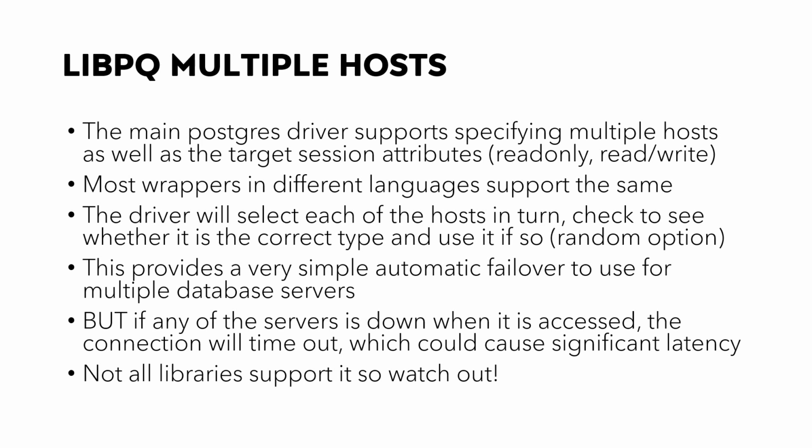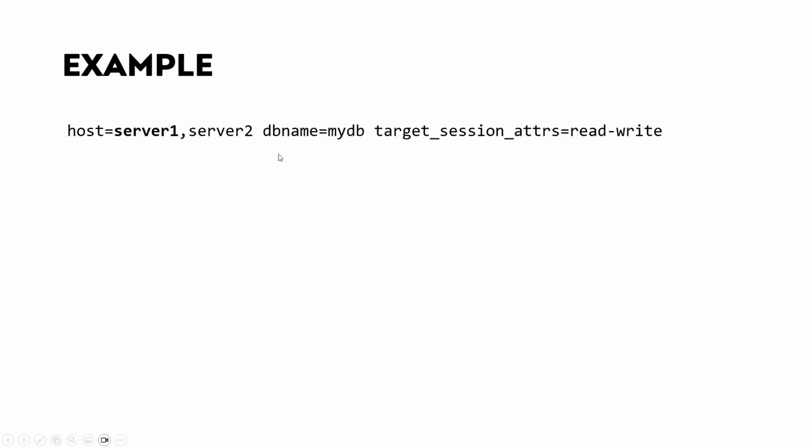So that's the big problem with that. And again, you can't assume that all libraries support it. We got caught out with one particular system that was using a node library for Postgres, and it didn't support multiple hosts, and that was a real pain for us. But this is what it basically looks like. We'll see a real example in a second.